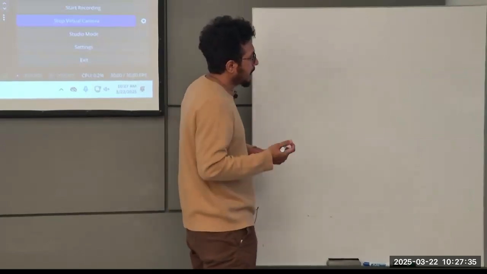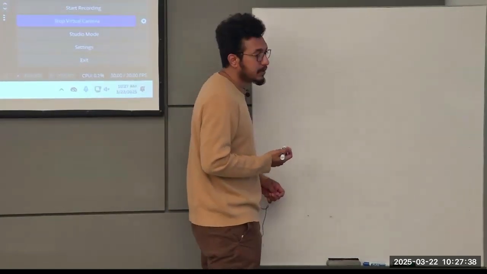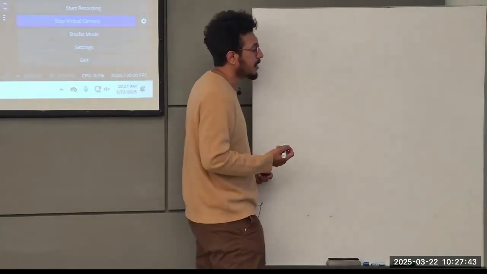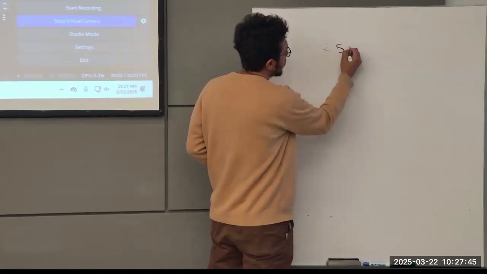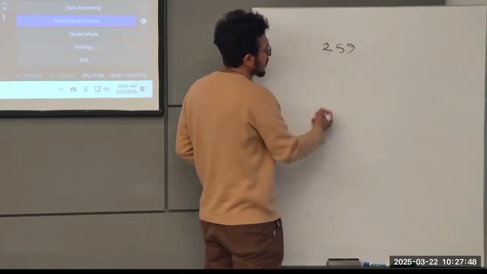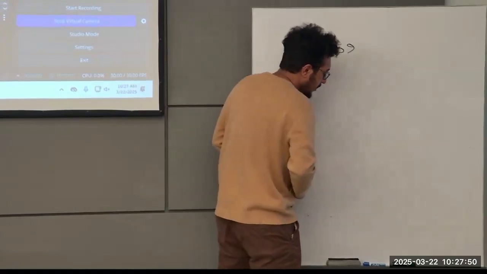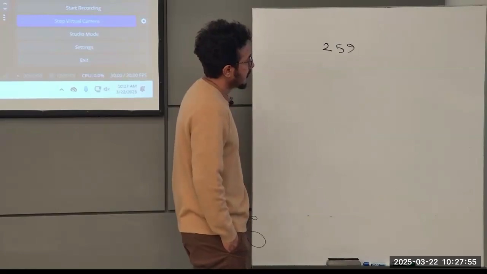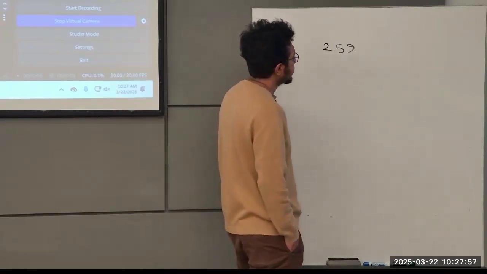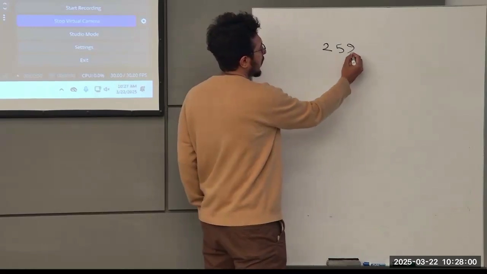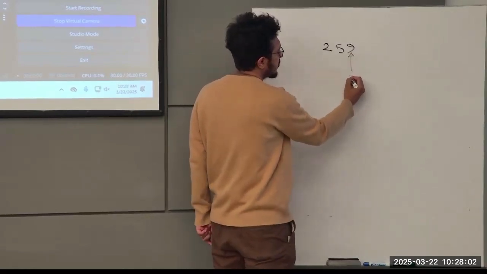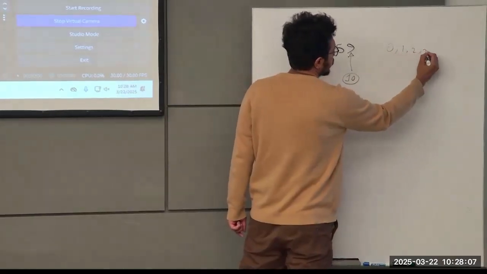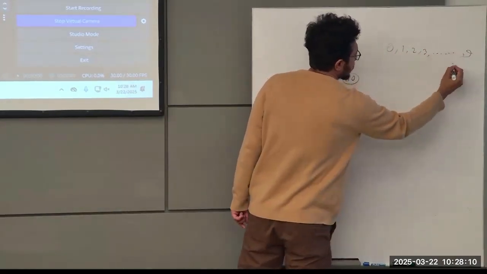For that, let me ask you, whatever numbers we use in our day-to-day life, like decimal numbers, any decimal number, for example, 259. Why do we call it a decimal number? We call it a decimal number because in each digit place there are 10 possible digits, from 0, 1, 2, 3 up to 9.